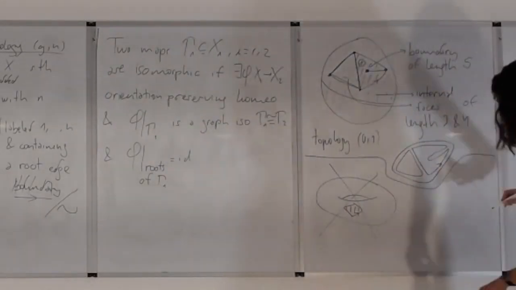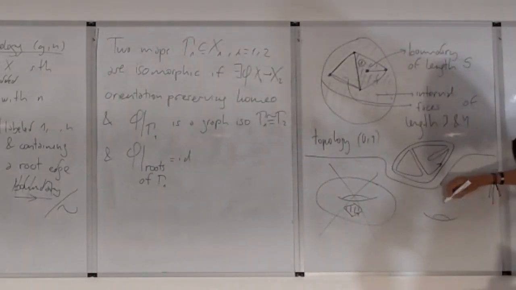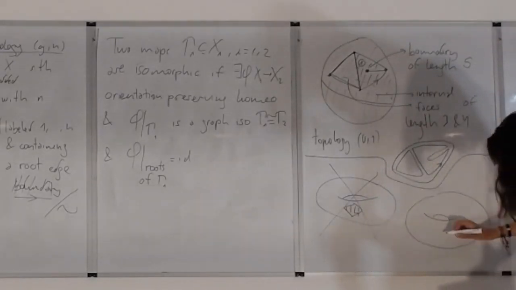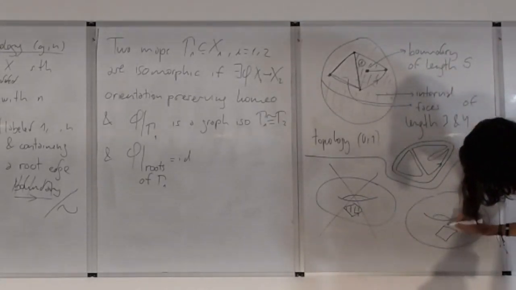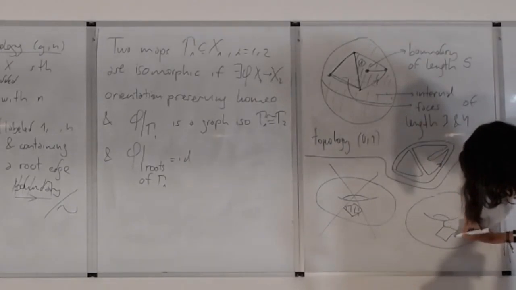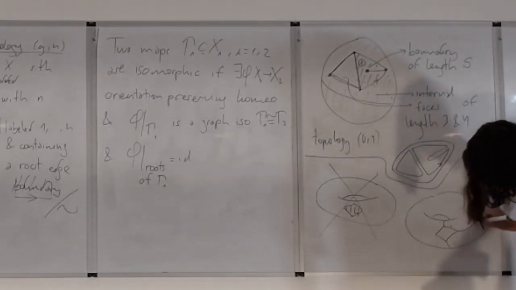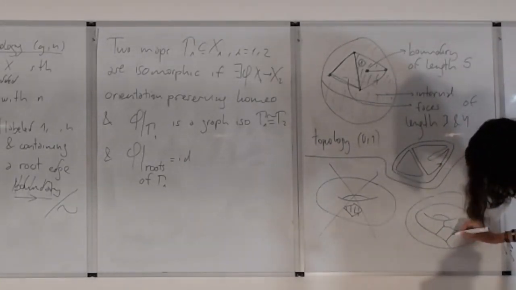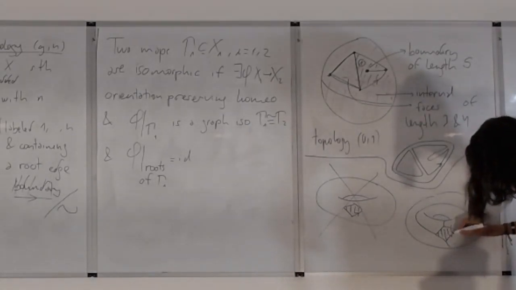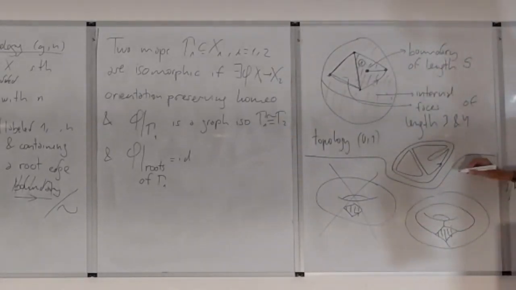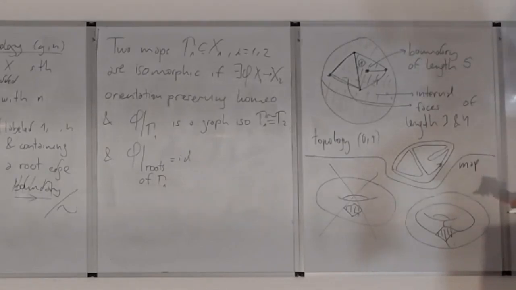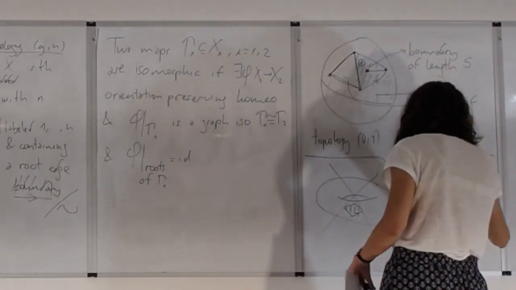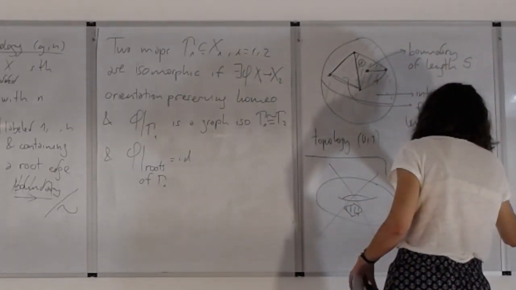But I can actually fix it quite easily. I can just add some edges. And this is a map. That is fine. So it's a map of topology 1, 1.